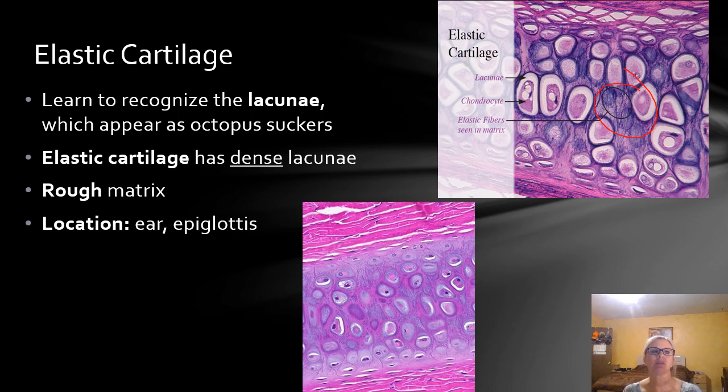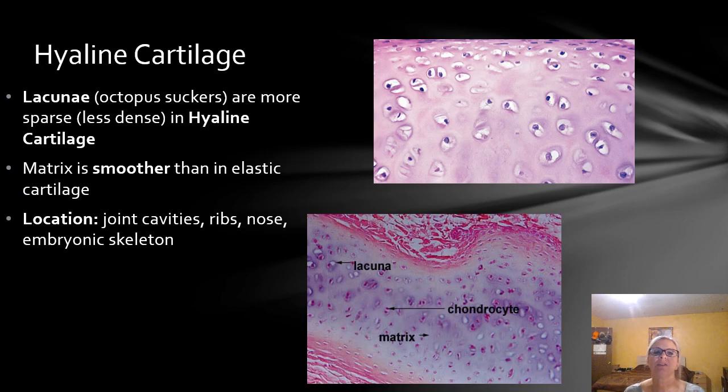It looks scratched. So in hyaline cartilage, we have lacunae, but the matrix is a lot smoother. This has a more glassy appearance to it. It's hard to see that glassy appearance in a picture when you're not looking at the actual slide itself. It also generally has a less tightly packed lacunae. You have lots of space here between the lacunae and the chondrocytes.